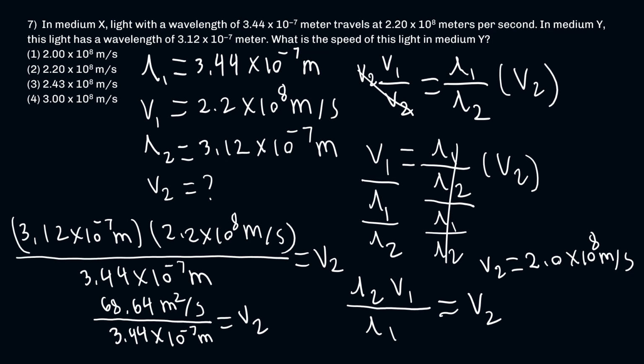With that, that ends up becoming 2.0 times 10 to the 8th meters per second. If you don't want to do scientific notation from that, you can change the mode to science on your calculator. Then you could do the answer again, and you will end up with 2.0 times 10 to the 8th. That is going to be my answer for velocity 2, which is answer choice 1 here.